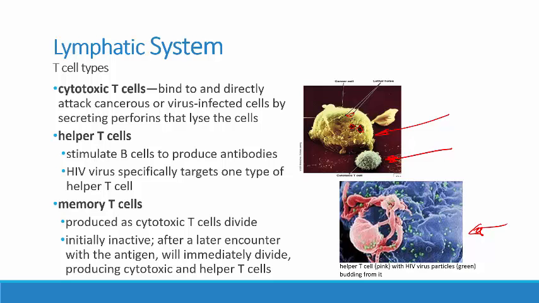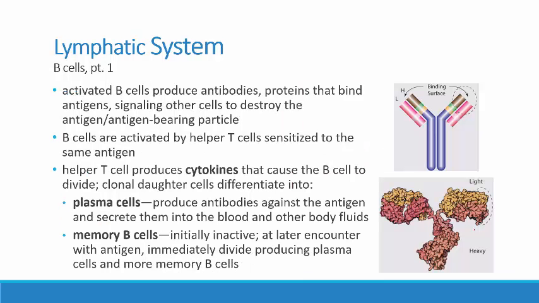Rather than fighting the HIV virus, it is actually spreading the HIV virus. And again, that's a big piece of why HIV is such a damaging infection, because it targets the immune system directly. Okay, so those are the T cells that do the cellular response.